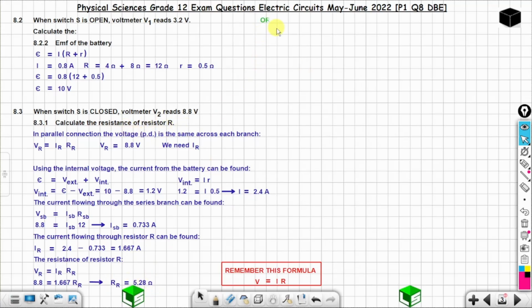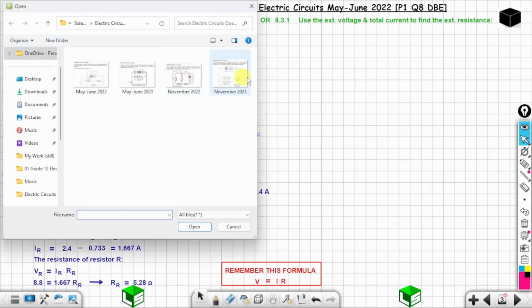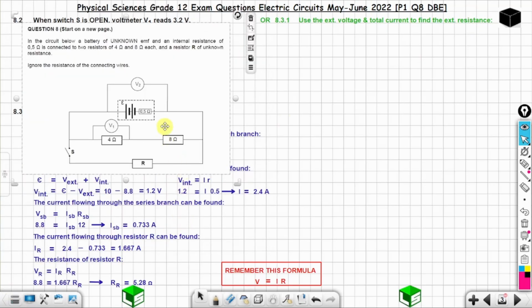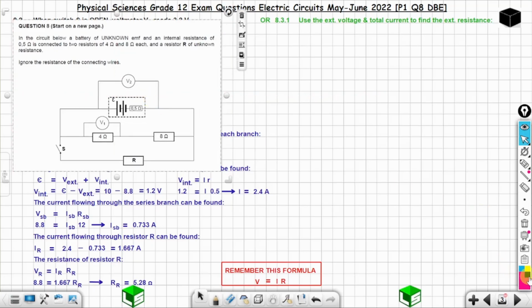You can also solve this question using this method. This is an alternative method that you can use to solve this question. Use the external voltage and the total current from the battery to find the external resistance. So let me show you. Switch S is closed.